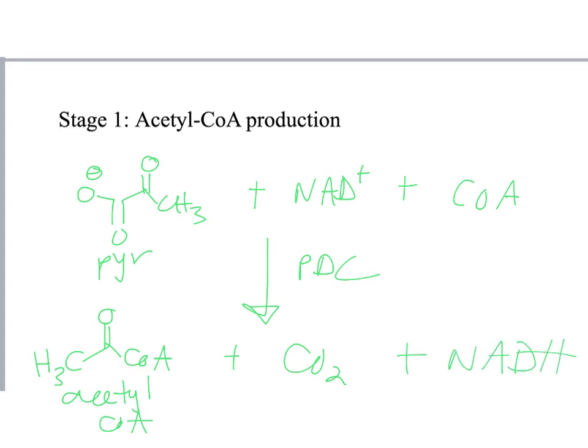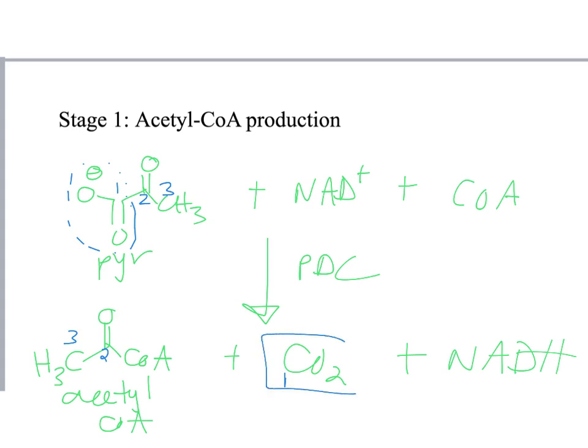There's a few things that I want to point out. Pyruvate is a 3-carbon molecule. There's 1, 2, 3. If 3 carbons go in, 3 carbons must come out. Hopefully you can see that this is already a CO2, so that was carbon number 1. Here's carbon number 2, still the carbonyl, and carbon number 3 is the methyl group.